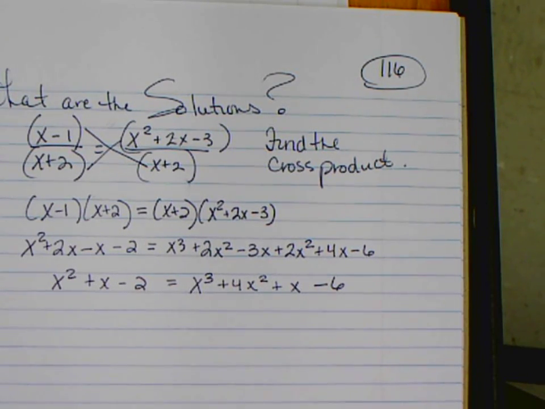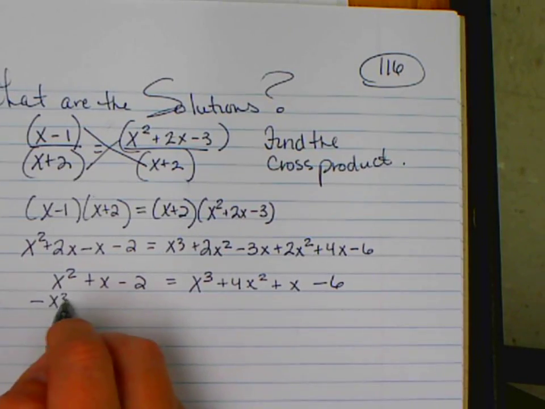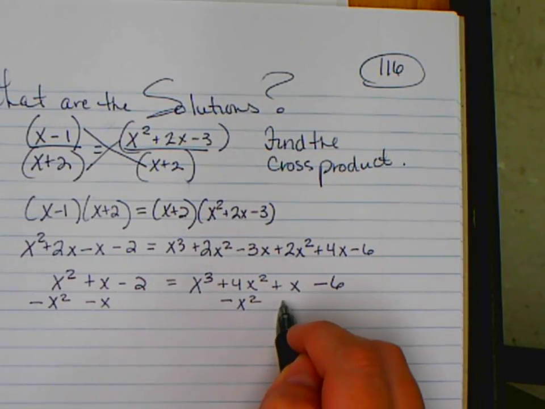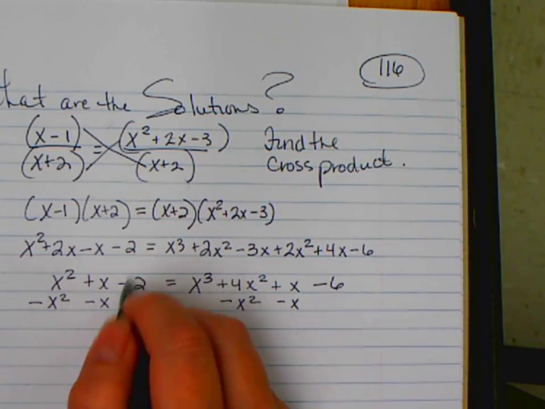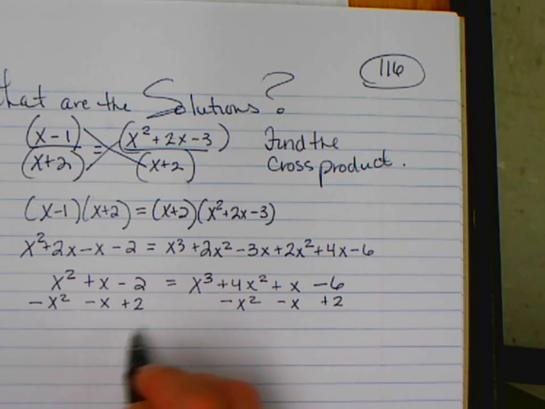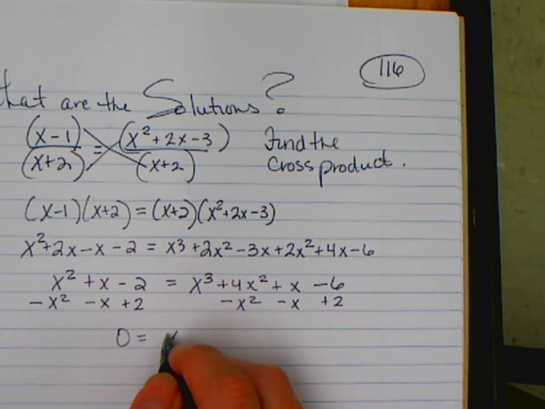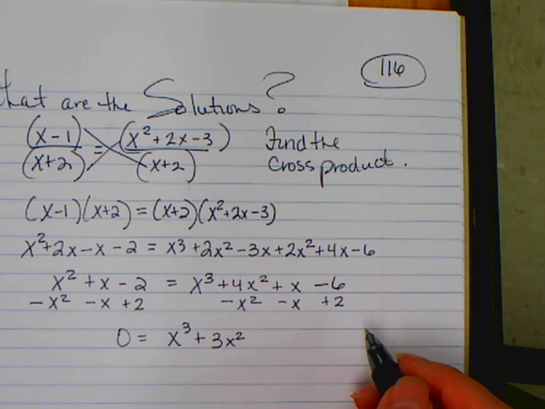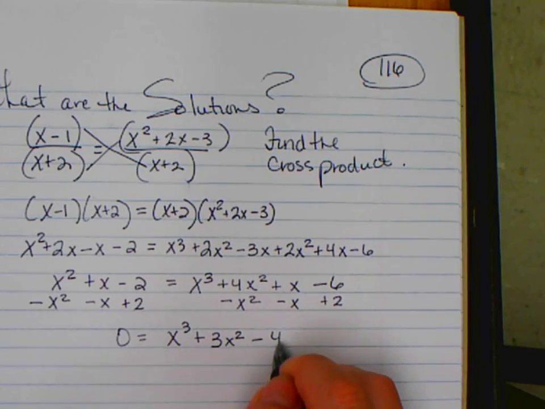Okay, now I'm going to move everything to one side. So I'm going to subtract x squared. I'm going to subtract x. And I'm going to add 2. So 0 equals x cubed plus 3x squared minus 4.